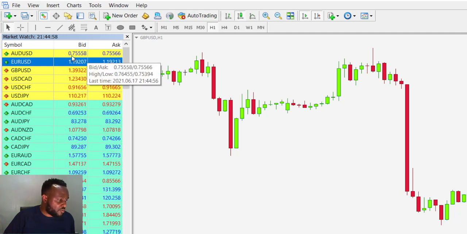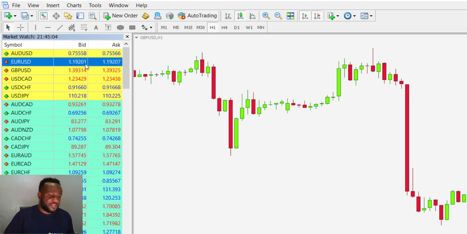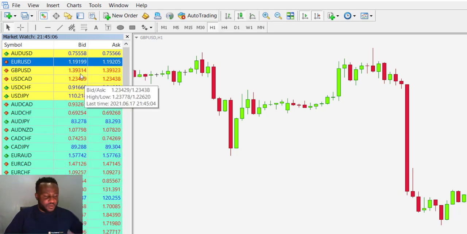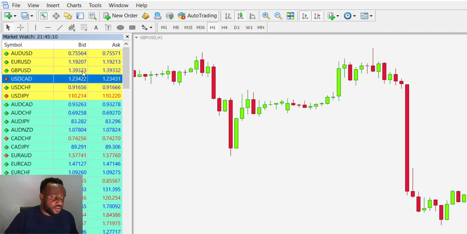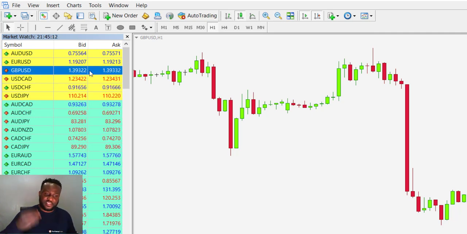If you look at that 0 point, how many digits are there? 1, 2, 3, 4, 5. So for non-JPY pairs, you will notice that there are 5 digits after the decimal point.